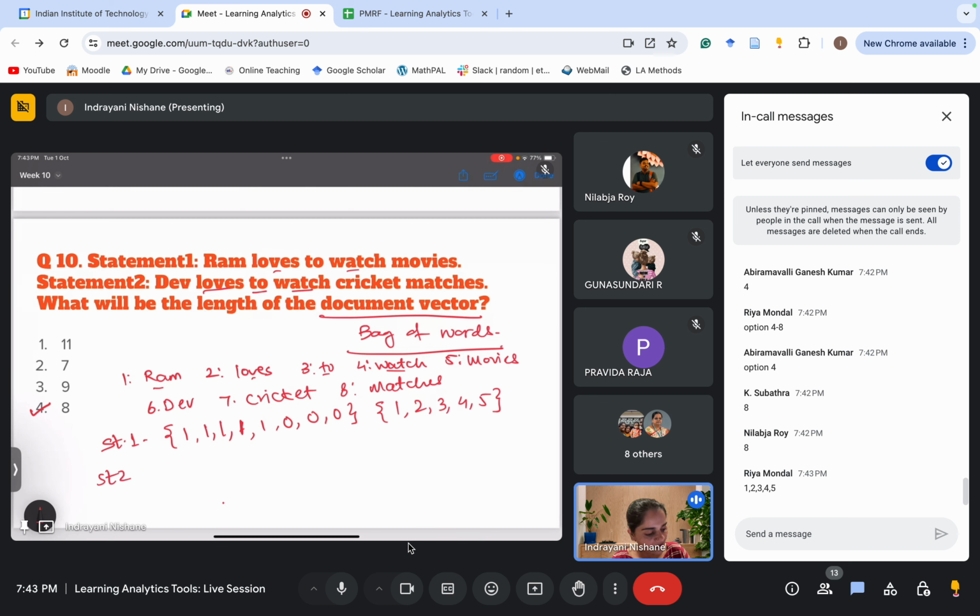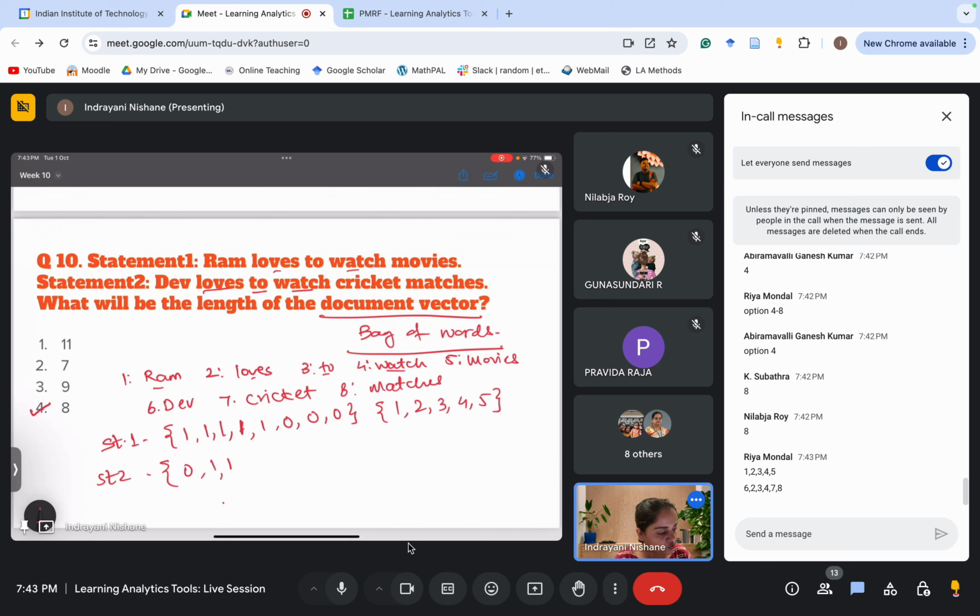Similarly for statement 2: Ram is absent, loves is present, to is present, watch is present, movies is absent, Dev is present, the 6th, and cricket matches are present, so 1, 1. The sequence would be 6, 2, 3, 4, 7 and 8. So this is how we convert into a sparse vector, the document vector and the sequence.